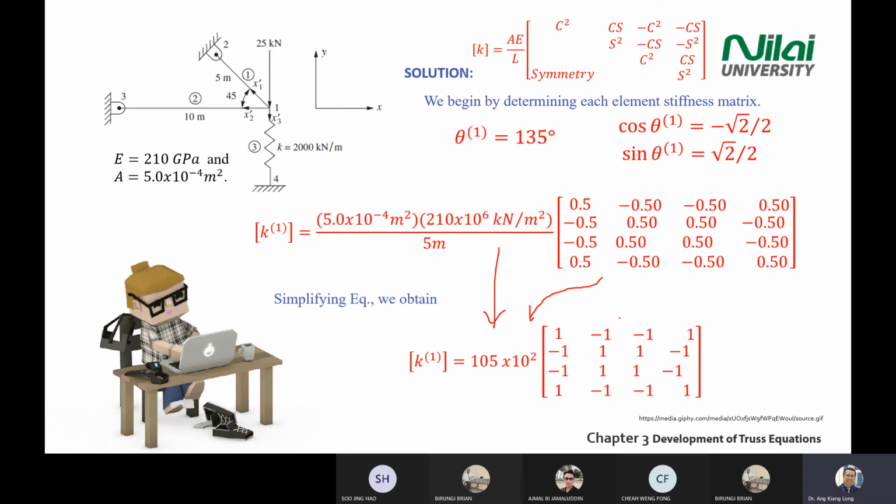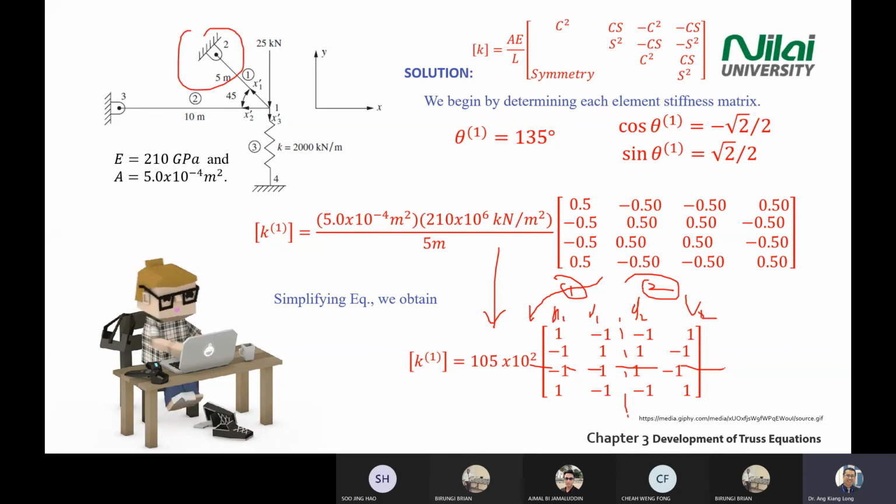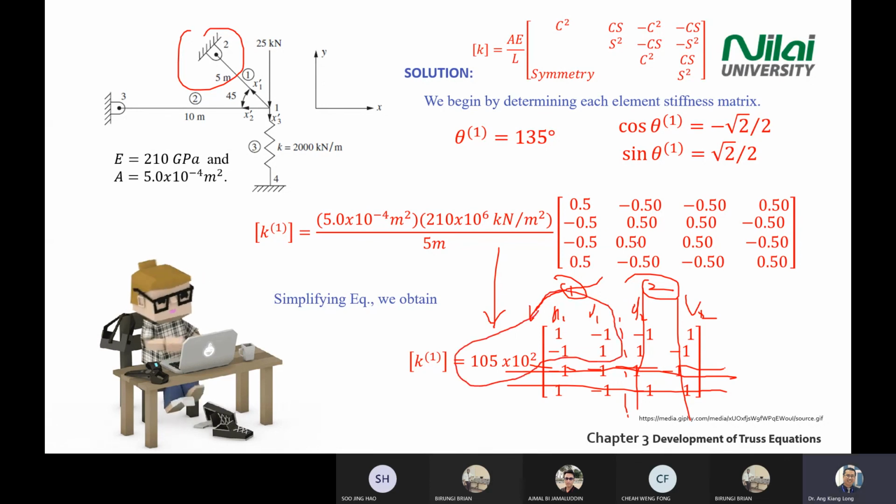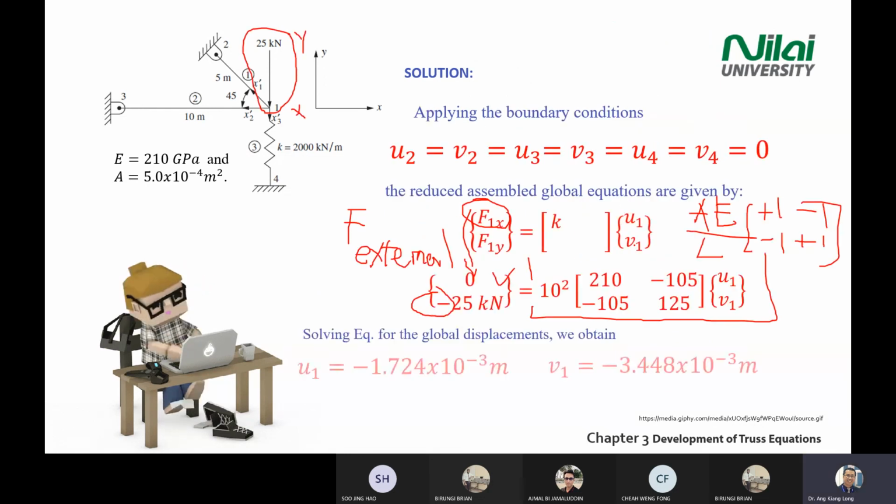This is element 1. Element 1 is connecting U1, V1, U2, V2 because element 1 is connecting point 1 and point 2. So you know that your U2, V2 are 0, right? Your point 2 cannot move. So you use your hand or your pencil just to close the third row and fourth row. You are only seeing this one. So you solve.